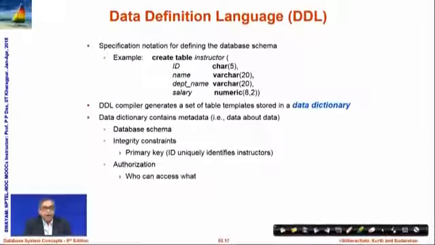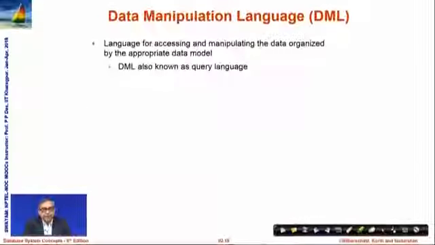It could say that the account balance cannot be negative, or cannot be less than the minimum balance. These are different integrity constraints. It could say that this is the primary key. We will talk in more depth about what a key is, and it could also specify the authorization as to who is allowed to access which part of the data and so on. These are all part of the schema definition and form the DDL of the language.